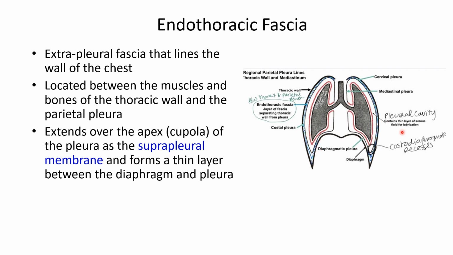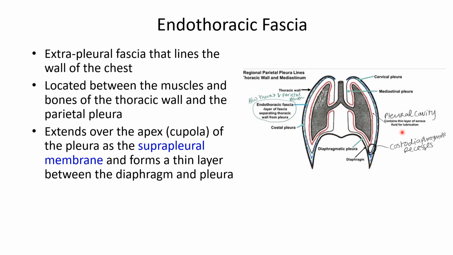So now we have seen the wall of the thorax. Especially in relation with the intercostal space, from superficial to deep: the skin, the superficial fascia, the deep fascia, the external intercostal, internal intercostal, innermost intercostal, then endothoracic fascia.